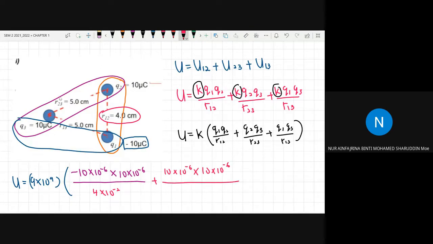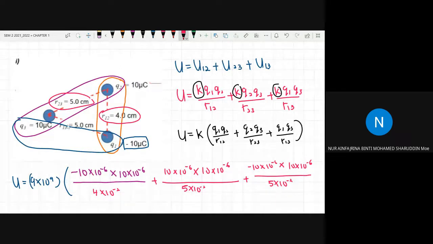And distance between charge 2 and charge 3 adalah 5 centimeter. And then kita akan ambil charge 1 kita negative 10 microcoulomb dan charge 3 kita adalah 10 microcoulomb. And then akan bagi dengan distance between charge 1 and charge 3. Iaitu 5 juga charge 1 and charge 3. So you press your calculator, you will get your answer.